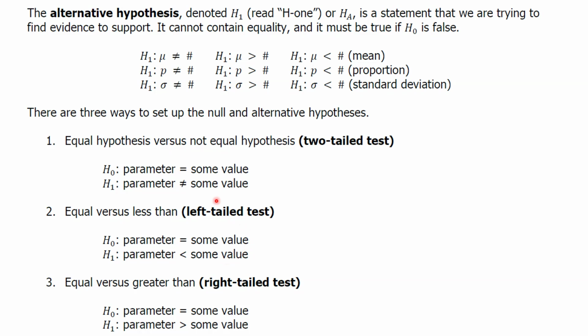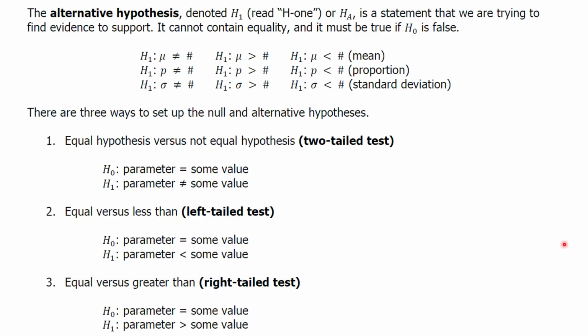Key words for this test would be less than, decreased, lower, fewer, reduce, decline. So you're specifically looking for just a decrease, like asking, has my blood pressure gone down since I started the medication? So you only care if it's decreased, not if it's increased.